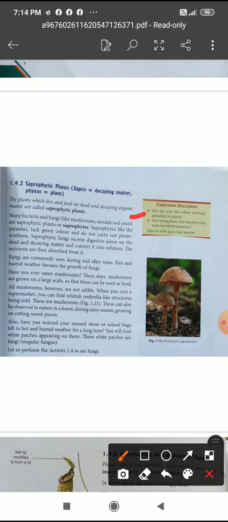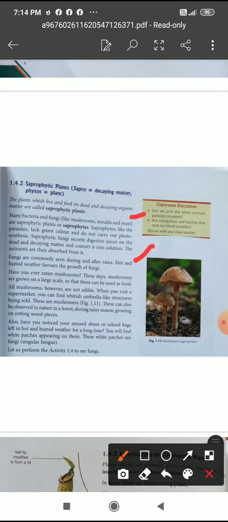Saprophytic fungi secrete digestive juice on the dead and decaying matter and convert it into solution. The nutrients are then absorbed from it. Fungi are commonly seen during and after rains. Hot and humid weather favors the growth of fungi.